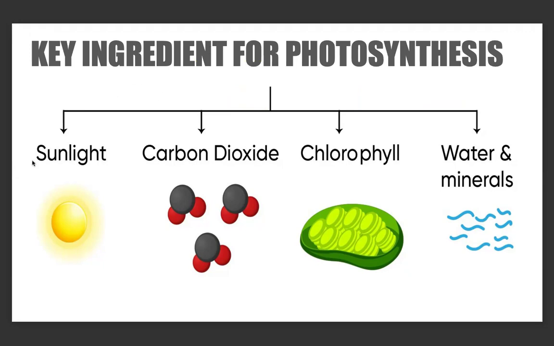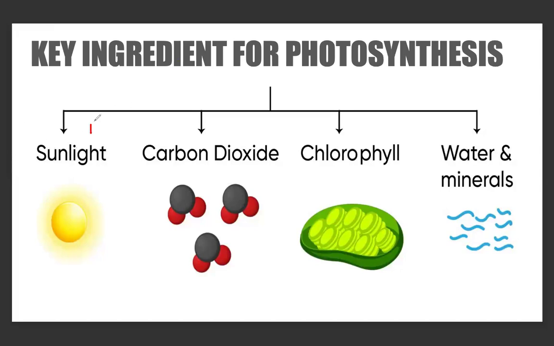So here we can say that there are different components for their food making. Like when we are cooking, sometimes on my weekends I prepare a yummy biryani, and at that time I take lots of ingredients because I am a little confused about preparing the food. Similarly, the plants also require some components for preparing their own food.